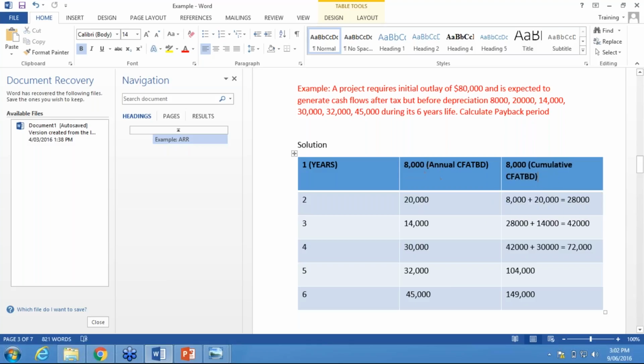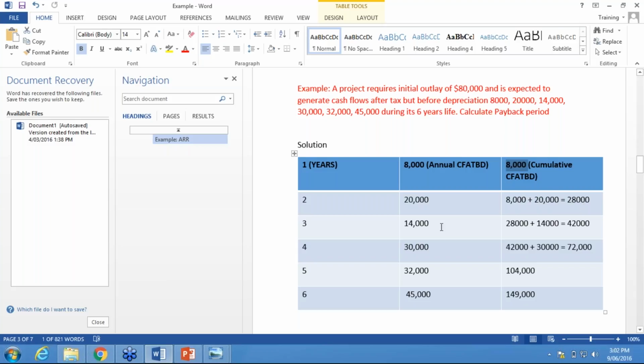Cumulative means, look here. Year 1 is the same, that is 8,000. But in year 2, you have to cumulate cash inflows with year 1. That is 8 plus 20,000, that is 28,000.